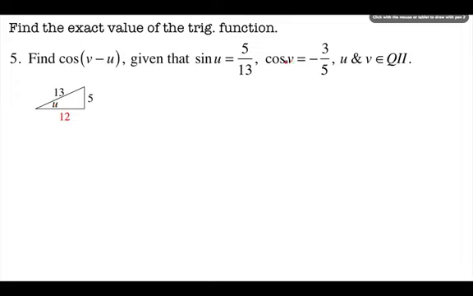In the same manner, cosine of v, I use v as my reference angle, I draw a right triangle, and this is what I get. And you should be able to come up with this third side of the right triangle. And again, I'm ignoring the sign for a second.